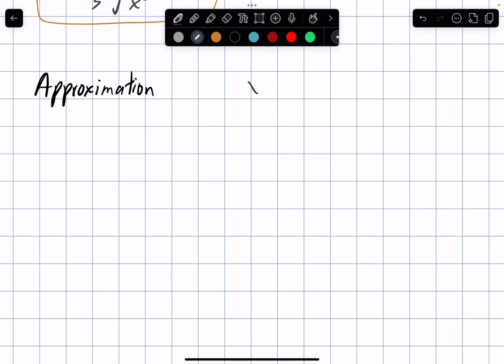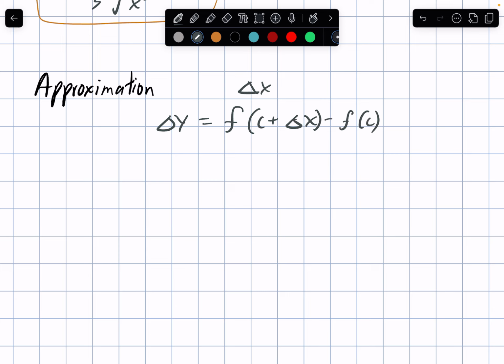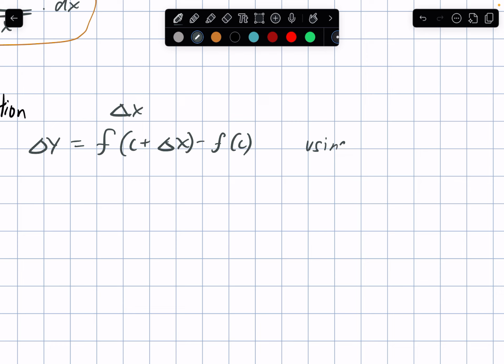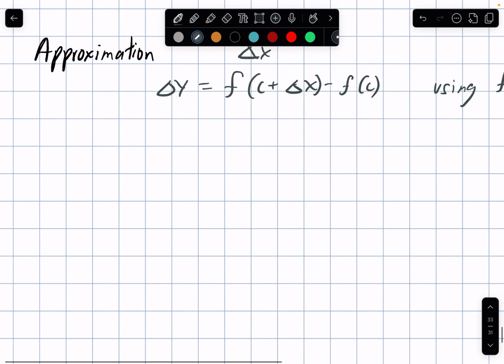Whenever delta x is small, delta y is equal to f of c plus delta x minus f of c is approximated using the derivative of f of c times delta x. So how do you apply that knowledge in equation form? Let's say delta y is approximately equal to dy.